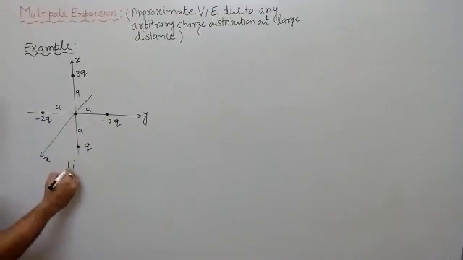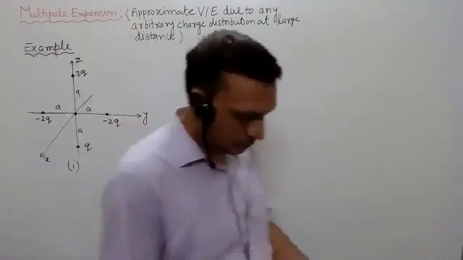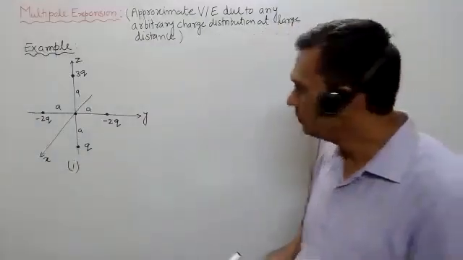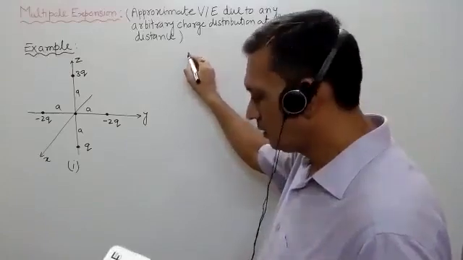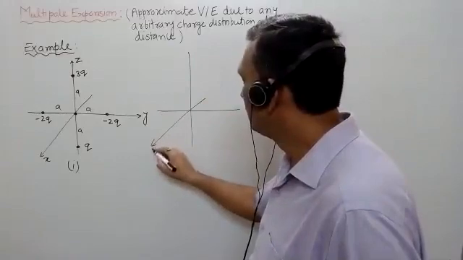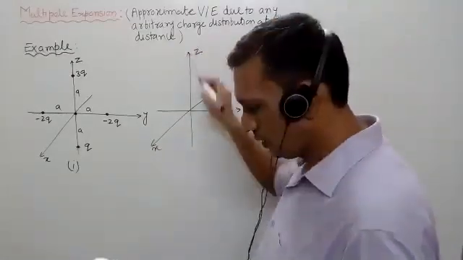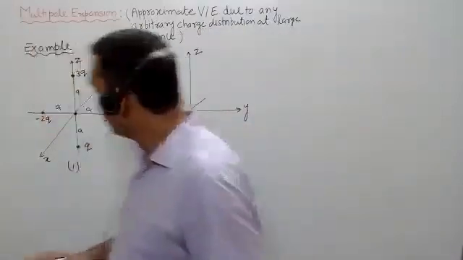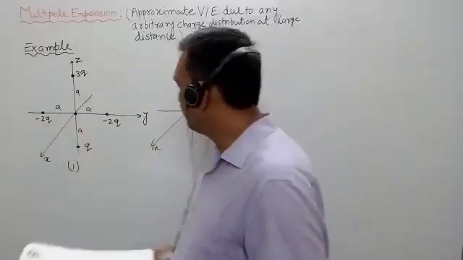This is the first part. Then you have the second part. In the second part, this is X, Y, Z. It's minus 2Q on both sides.